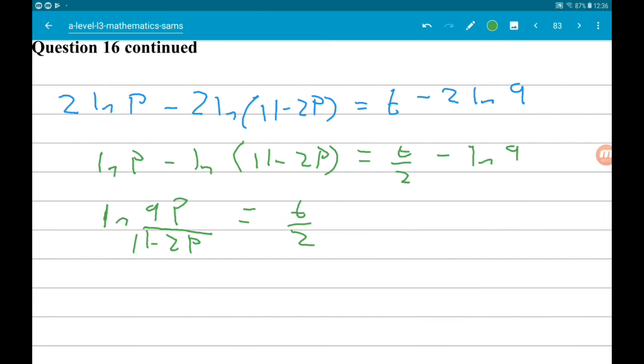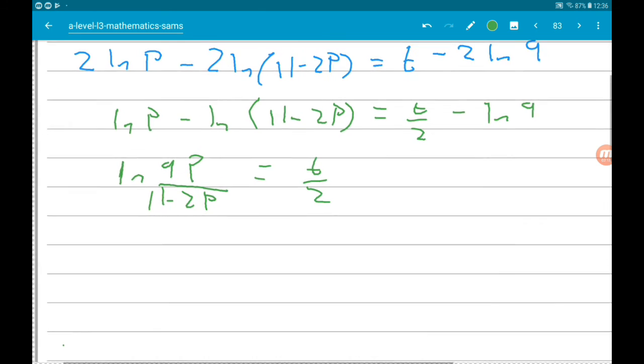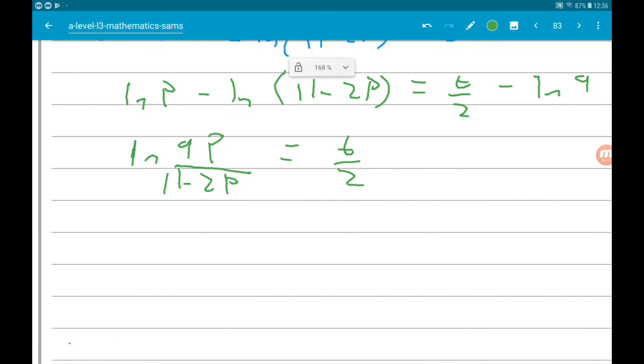Okay, now exponentiate both sides, and we get 9p over 11 minus 2p is equal to e to the t over 2.